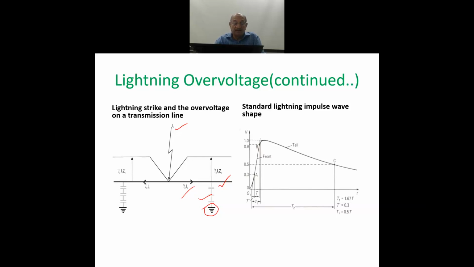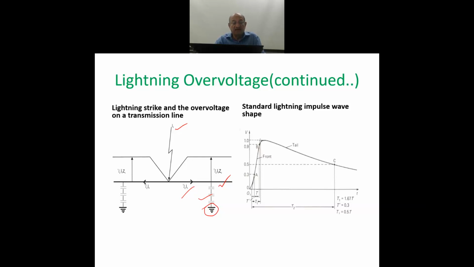So an impulse voltage is produced at the spot where the lightning strikes.